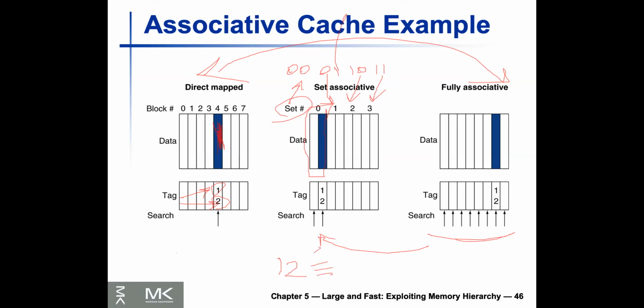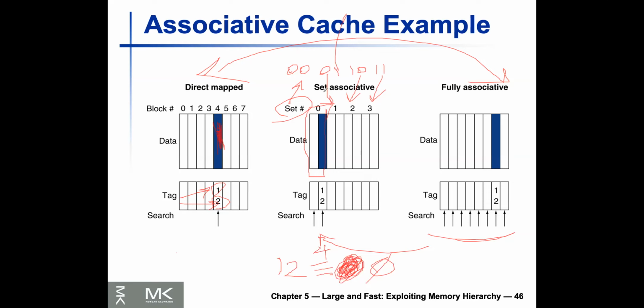So 12 mod 4 is going to be 0, and we have to look for set 0, right? We have 4 sets. Which of those sets is 12 going to be looked for in? 12 mod 4 is 0, the set 0. Does that make sense?